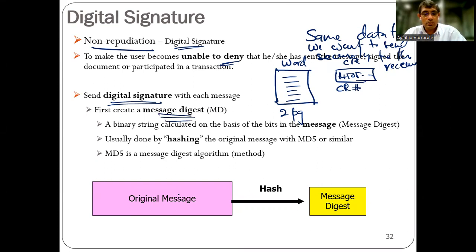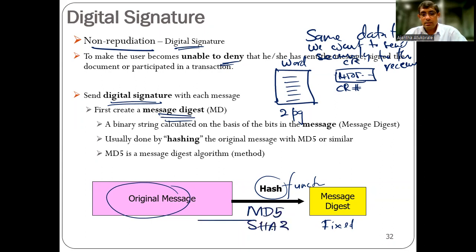You have the original message, we put it through the hash function, and then you create a digest, a fixed length. Some number will be generated. This can be, for example, the MD5 algorithm or SHA3 algorithm, whatever. When you apply that, you get it.